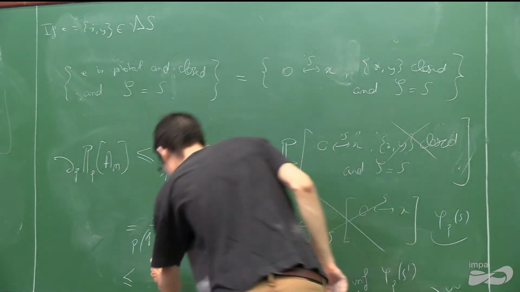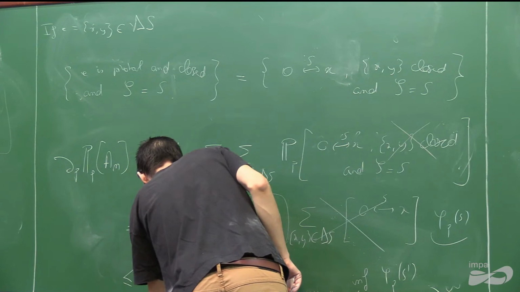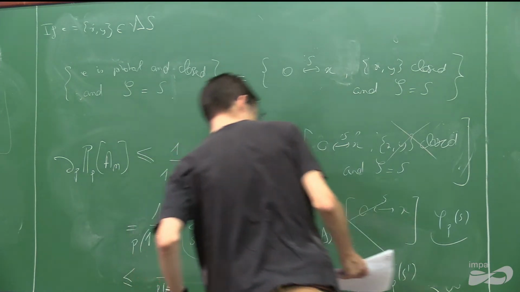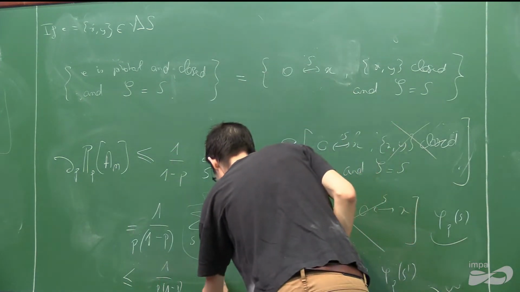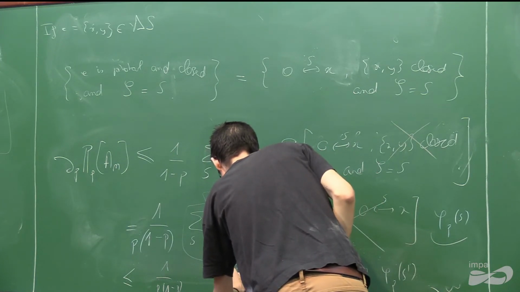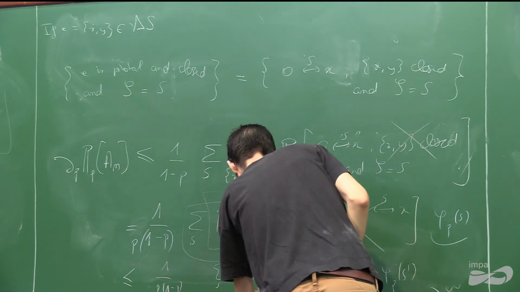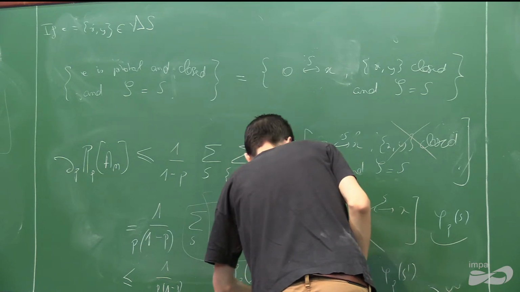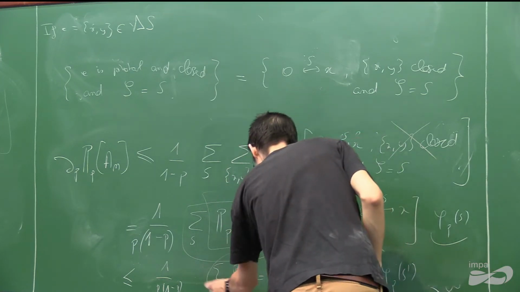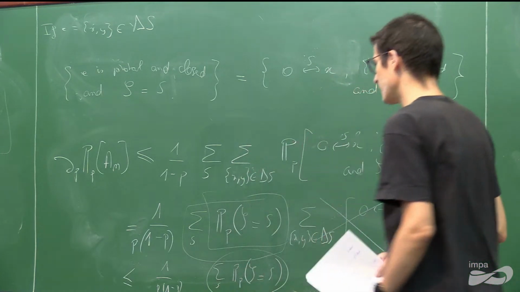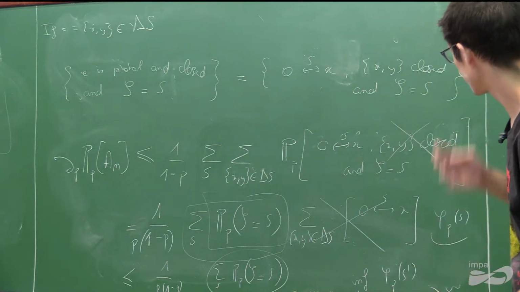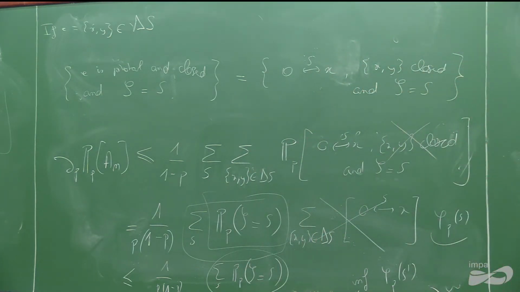So 1 over p, 1 minus p, times this infimum over S prime, and now I have the sum over S, and this sum is equal to 1. And then we have proved exactly what we wanted to prove.